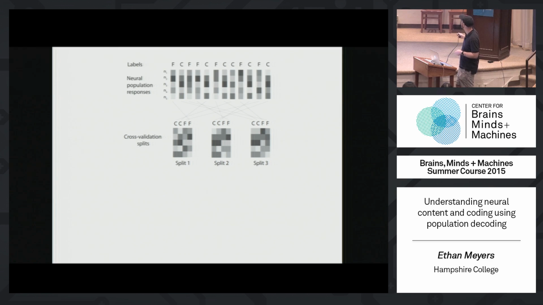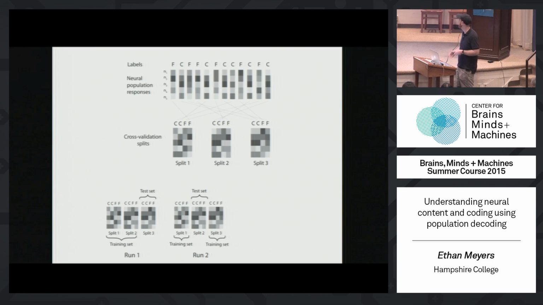We have different splits that have 2 repetitions of the activity of different neurons to 2 faces and 2 cars, and there are 3 different splits. We take 2 of the splits and train the classifier, and then use the remaining split to test it. We do that for all permutations of leaving out a different test split. You've all heard about cross-validation before?